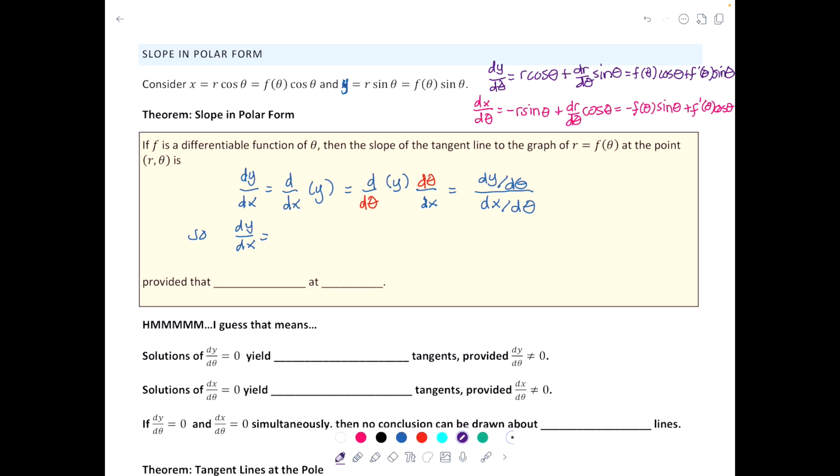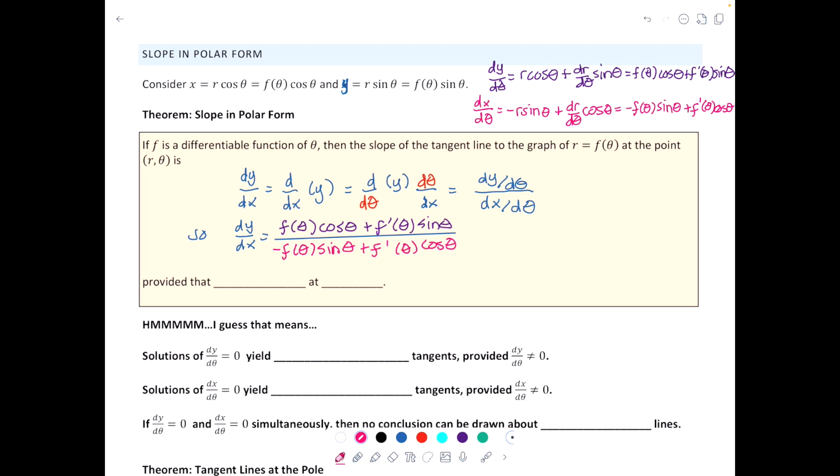I'll write this in terms of f of theta, and so this is f at theta times sine theta times cosine theta, my bad, plus f prime at theta times sine theta, and that's over negative f of theta times sine theta plus f prime at theta times cosine theta.